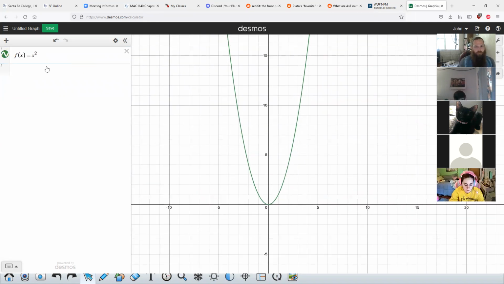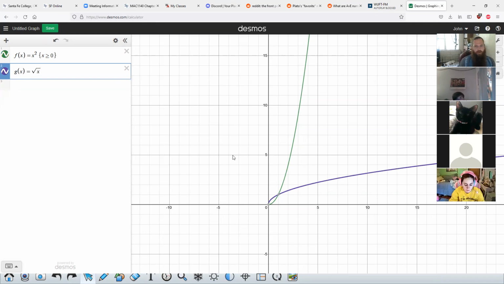Here's my original function. It's not one-to-one. But I chose to restrict it to the x's which are greater than or equal to 0. So here is my original function. When I inverted it, let's write g of x for the inverse, we got this guy.